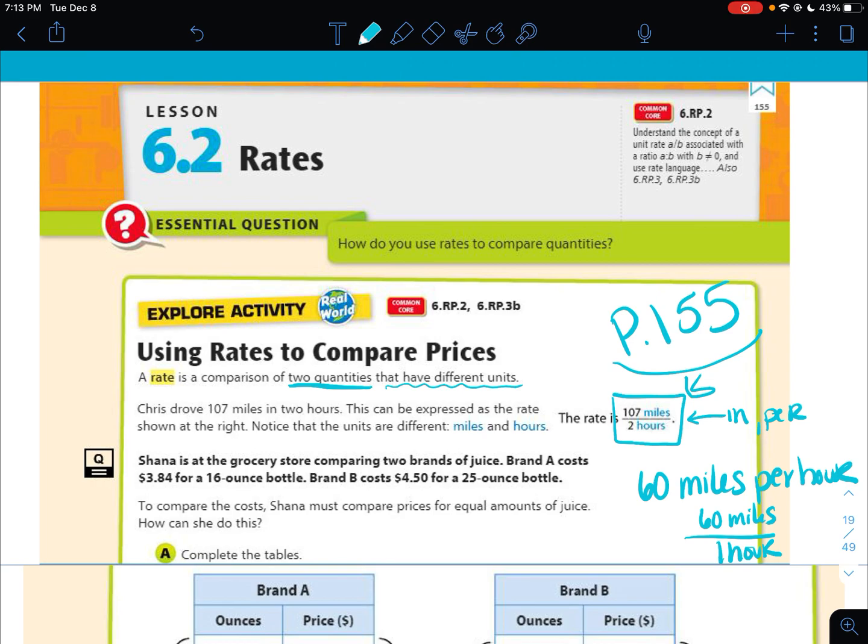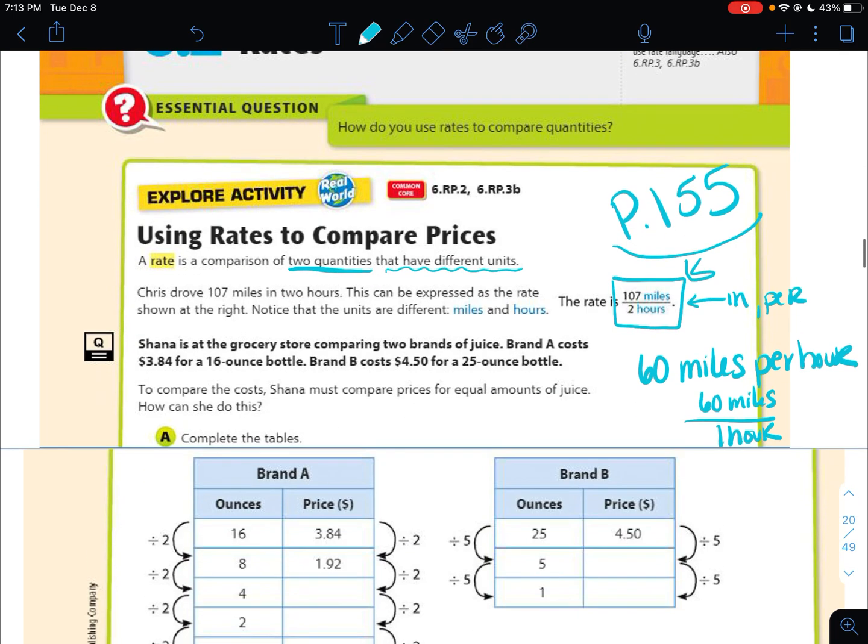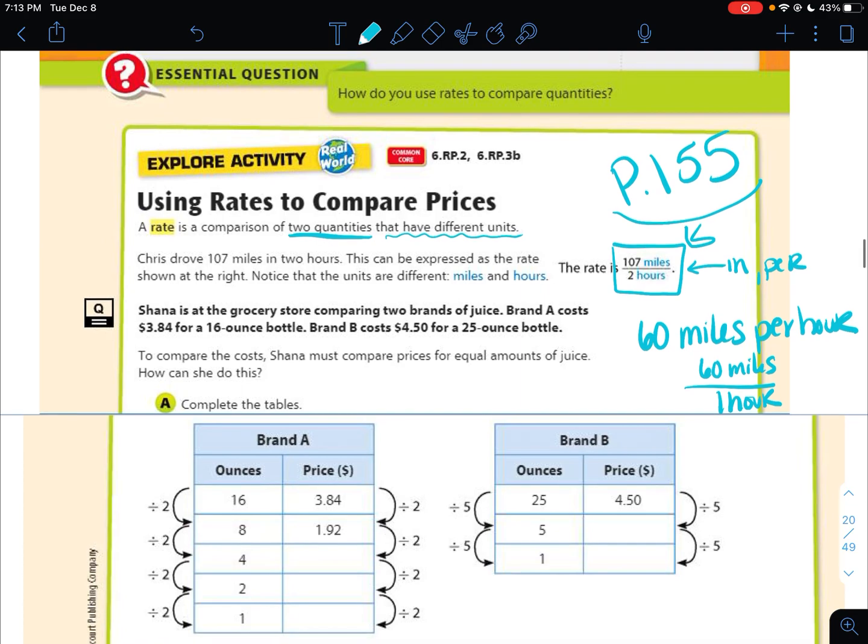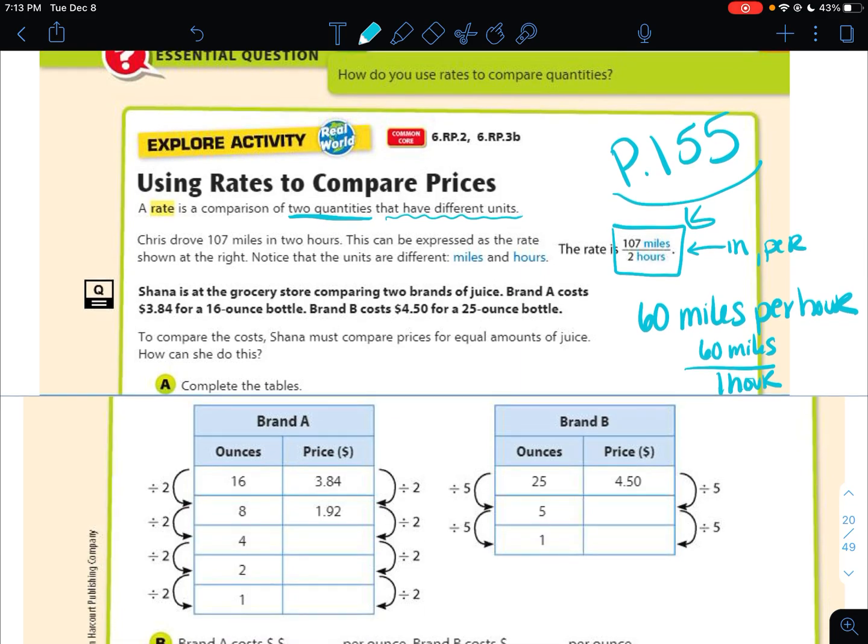So we're going to do an example together on page 155. The biggest thing with rates is that they're going to have you comparing a lot of rates. In order to compare rates, you have to compare the same thing.